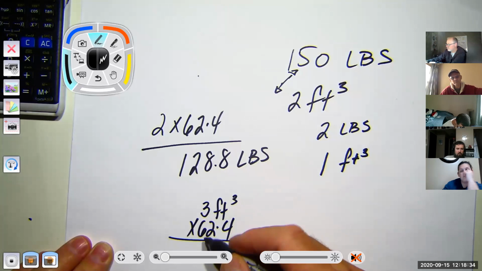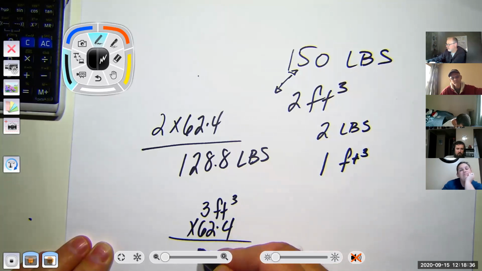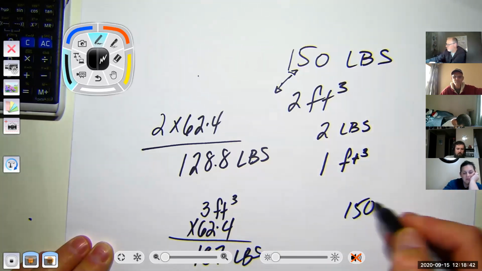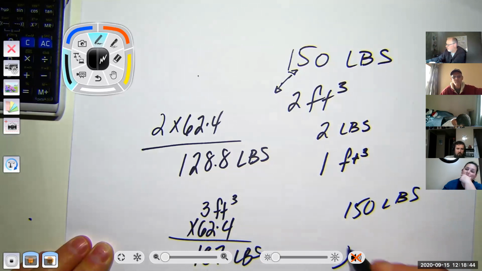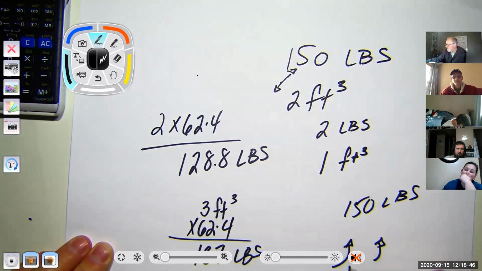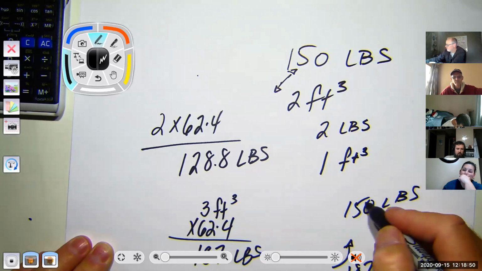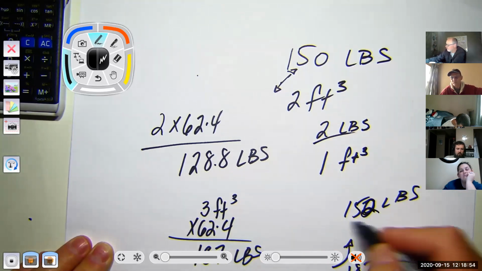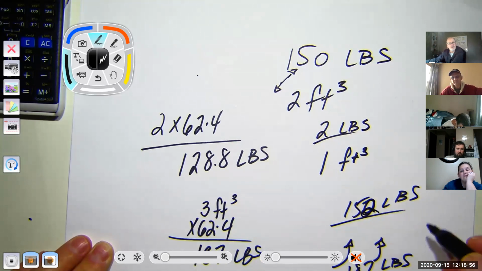So 3 times this is 187 pounds. Now the person weighs 150 pounds and we have a buoyant force pushing up on it of 187 pounds, or 152, I should say, because of the 2 pounds, 152. So was that person going to sink or float now?